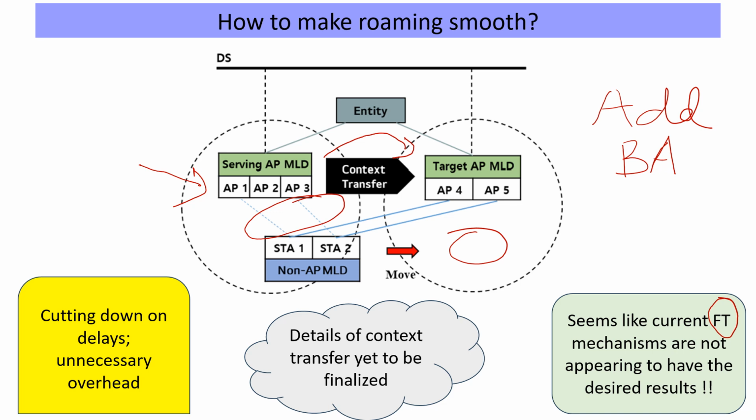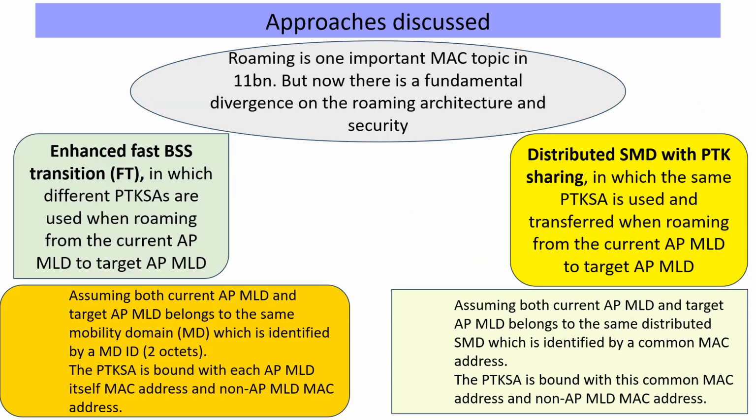What are some ideas which are coming to the table? We don't throw away the old fast transition idea, that still remains as an option, but I think the more interesting options coming on the table likely to address the problems is this distributed session or some sort of a mobility domain which will overarchingly cover multiple APs.